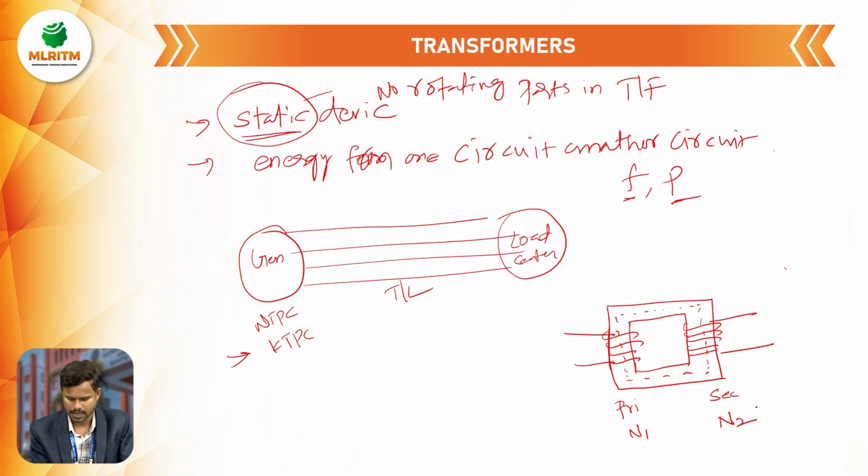The supply voltage is V1, the primary supply voltage, that is the input voltage, with current I1. The secondary voltage is V2 and the current is I2, which is the load current. The winding which is connected to the supply is called the primary winding. The winding which is connected to the load is called the secondary winding.